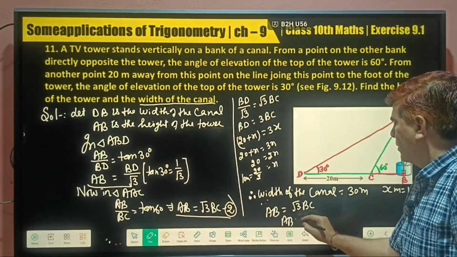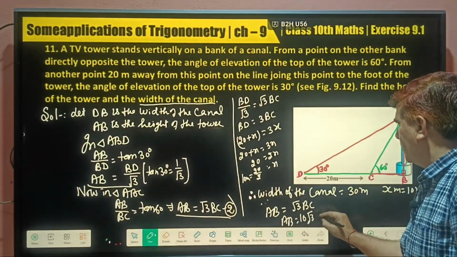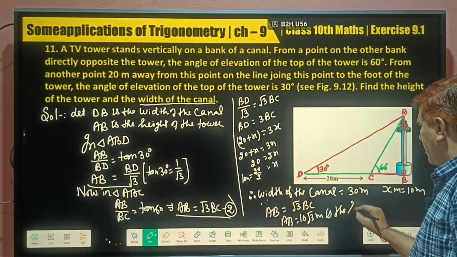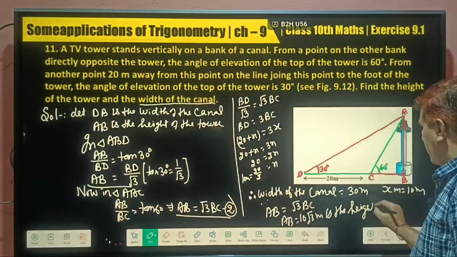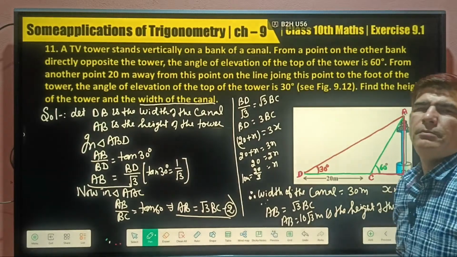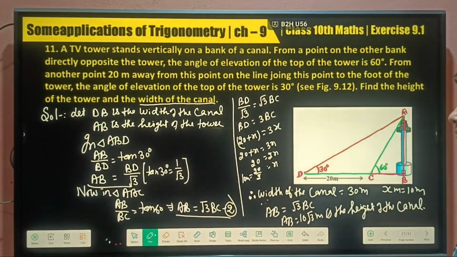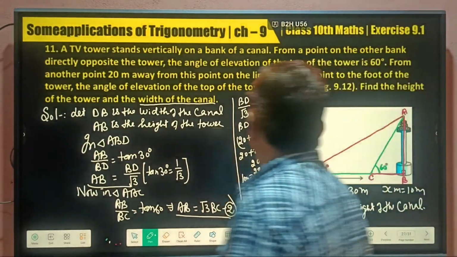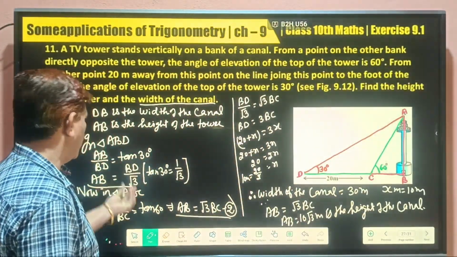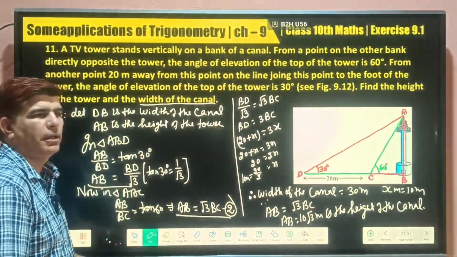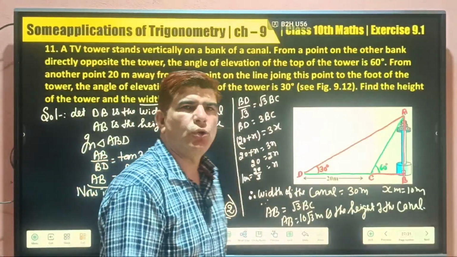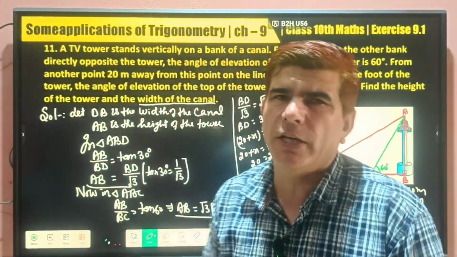So AB is equal to 10 root 3 meter, the height of the tower. Got it? Otherwise, here you can take BD. BD is 30 by root 3, then 10 into 3, again we can cancel. So this is the solution of this question. All are very easy.